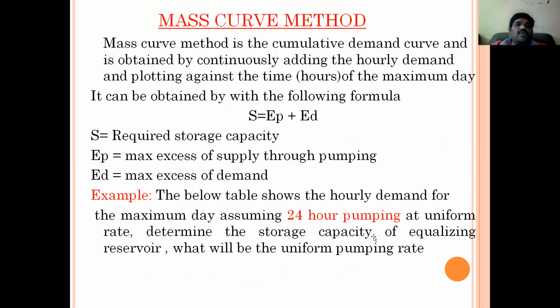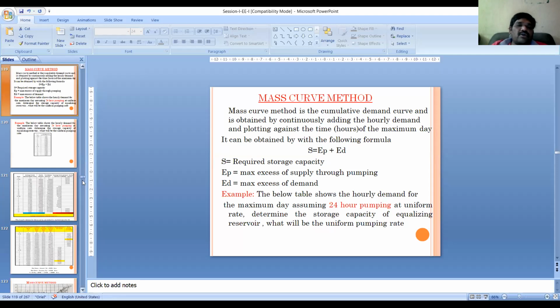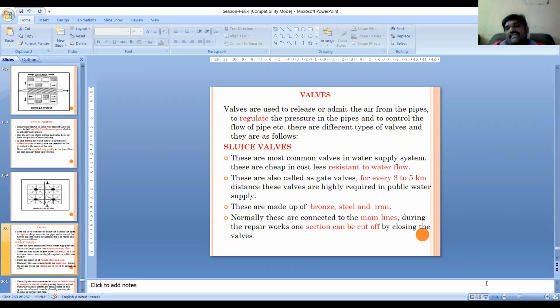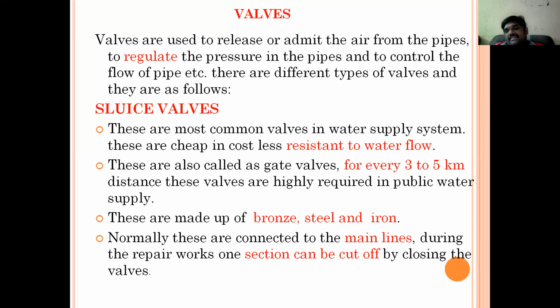Similarly, these valves are used to control the flow in the pipelines. That means you may get questions on both valves and joints. Both are highly essential for water supply, and you must make sure to learn all these diagrams thoroughly. Then only you can score good marks in examinations. All the types of joints, valves, and how to lay the pipelines are mandatory. You must learn them in this curriculum.